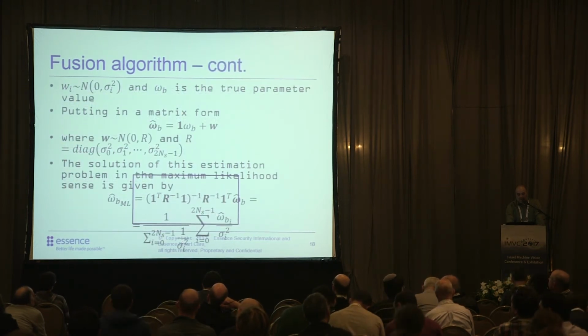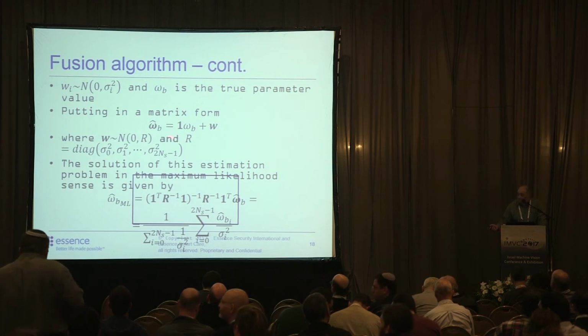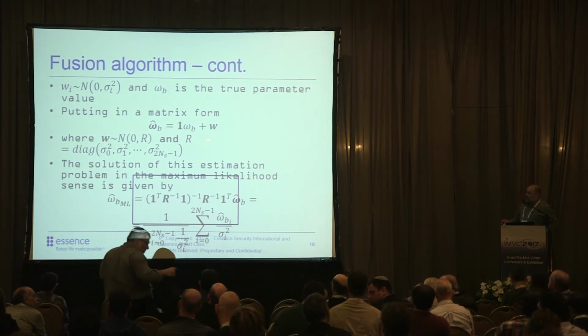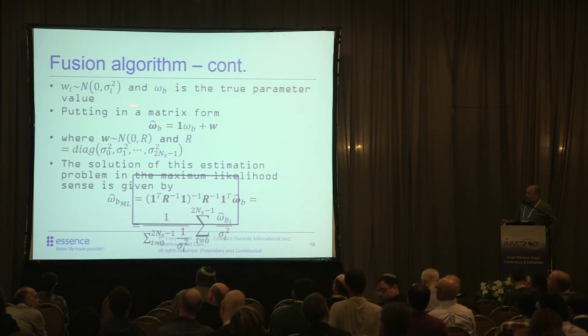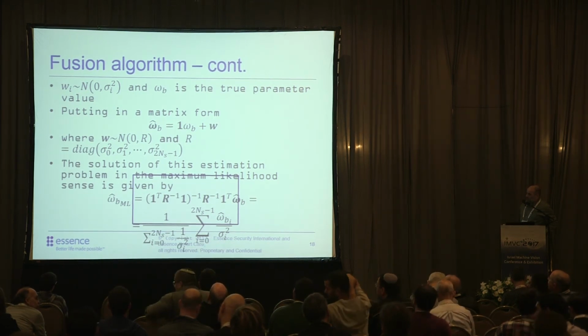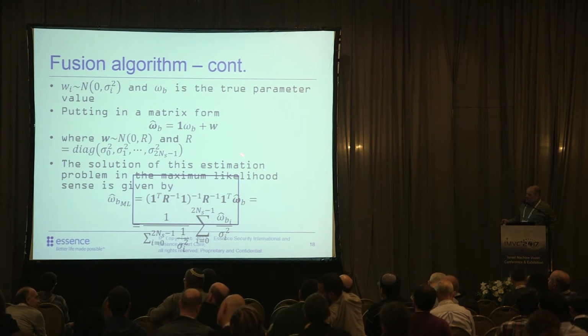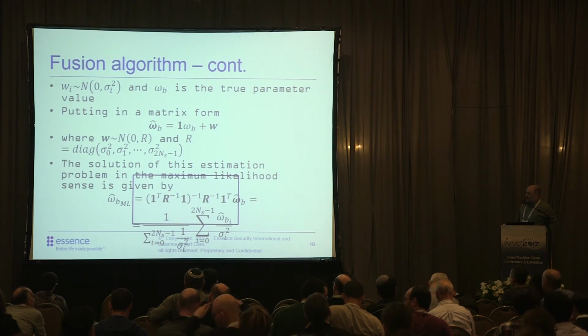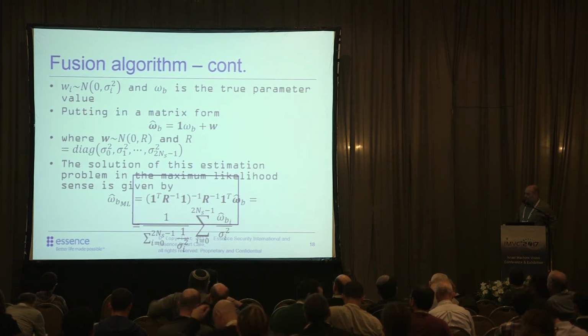The fusion algorithm is solving a weighted least squares problem for this matrix-vector equation, R being the covariance matrix, which is a diagonal matrix of the corresponding variances, and the estimation is given in closed form using the weighted least squares.